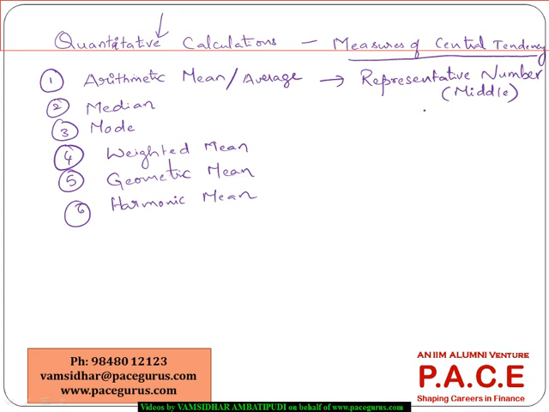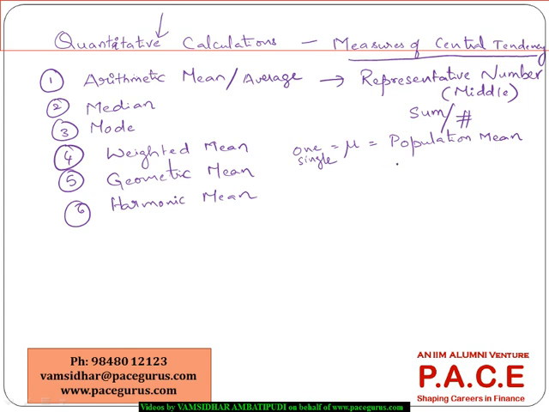We sum up all the observations and divide by the total number of observations. And if I do that for the entire population, I call it the population mean. The population mean is generally represented by the symbol mu, and it is one single number because I am taking the entire population.